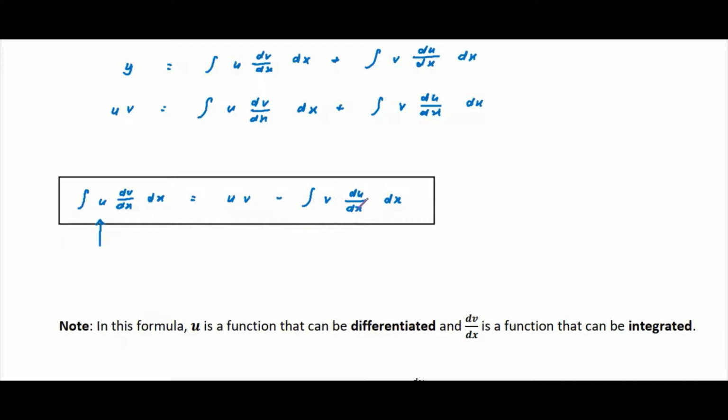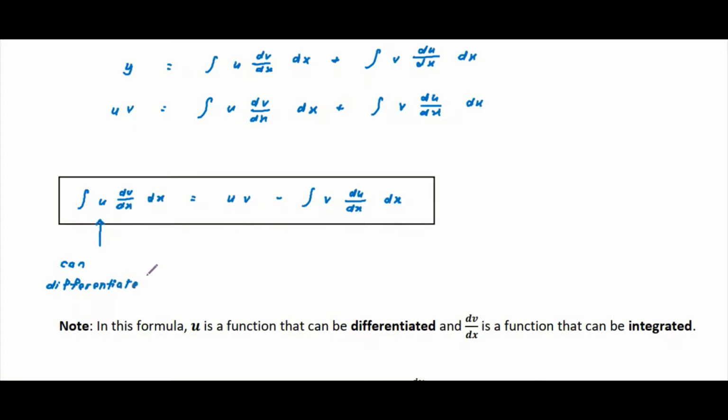How do you actually get du/dx from u? You will need to differentiate it, correct? So that's why for the u, it must be something that you can differentiate.